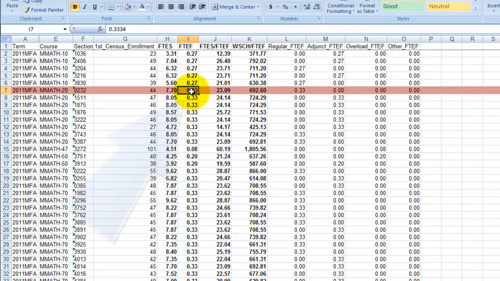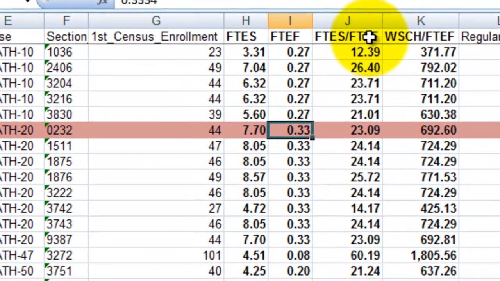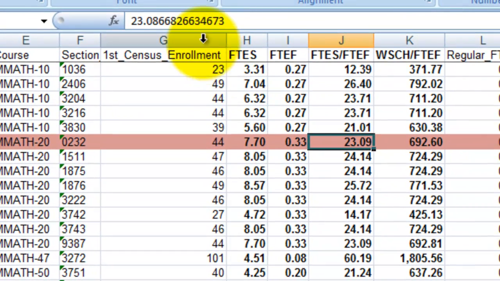This load is a 5 hour a week class, and so it's a 33 1/3% load. And then to calculate these productivity ratios, it's simply a matter of taking 7.7 and dividing it by 0.33, which comes up with this 23.09, more or less. You can see we are carrying as many decimal places as necessary, and then rounding those off for display on the screen.